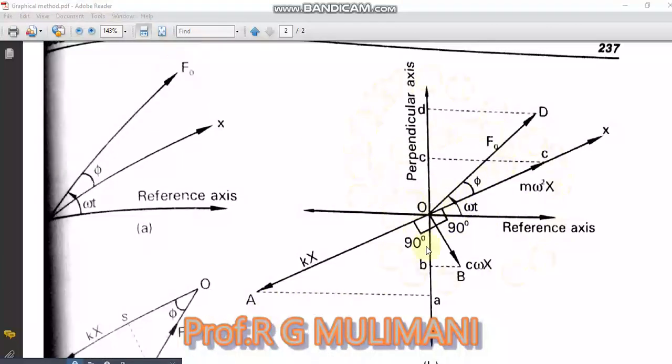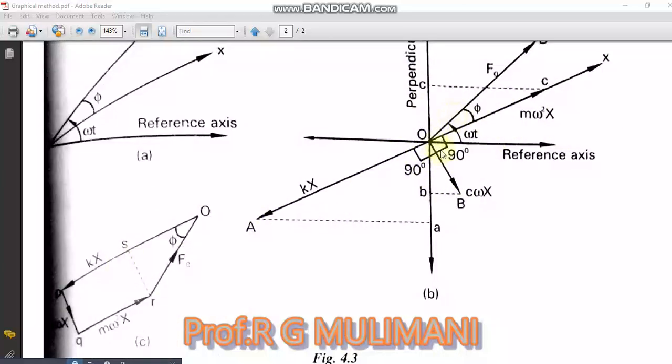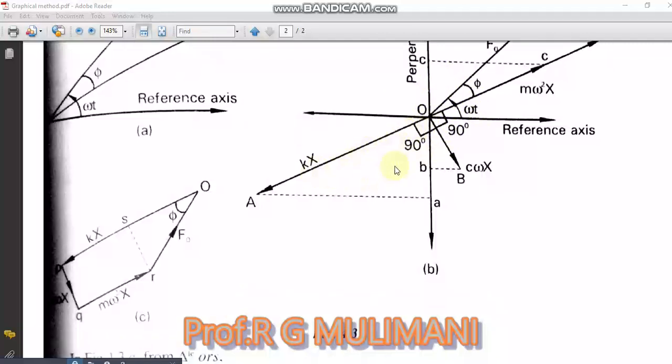Now using this we will draw a force polygon. All the forces have magnitude and also direction, so these are vectors. By these vectors let us draw a force polygon. Start with the spring force. The spring force is at angle omega t minus phi; taking this line, a parallel line, this is kx.